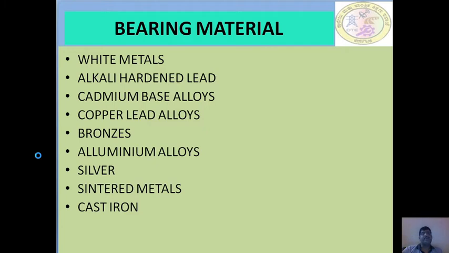There are different types of bearing materials: white metal, alkali hardened alloy, cadmium based alloys, copper lead alloys, bronzes, aluminum alloys, silver, sintered metals, and cast iron. These are the types of materials commonly used as bearing materials.